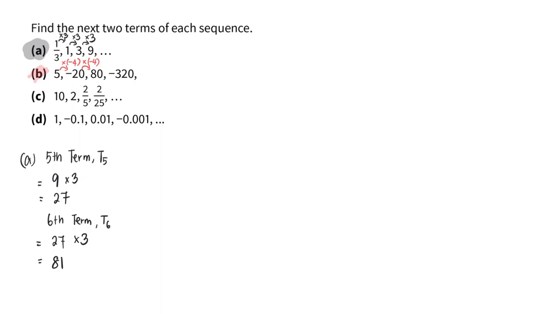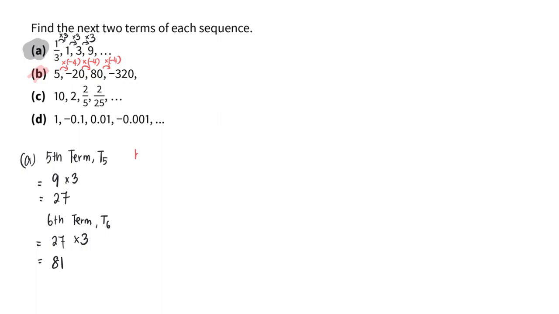Negative 20 times negative 4 will become positive 20. So right, I hope you guys realize that every time there is a change of sign from positive to negative value, most likely we are actually multiplying by a negative number. Okay, so that is the first clue.